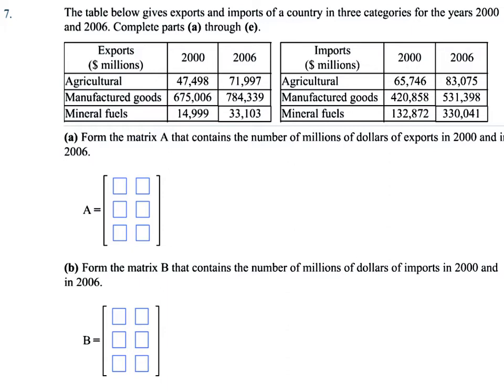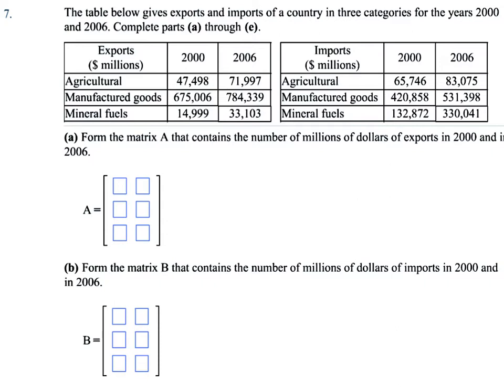So let's say this is the United States, and then in the year 2000 there was $47,498,000 that was exported out of the country in agriculture, and $65,746,000 that was imported, brought into the country in agriculture in the year 2000.